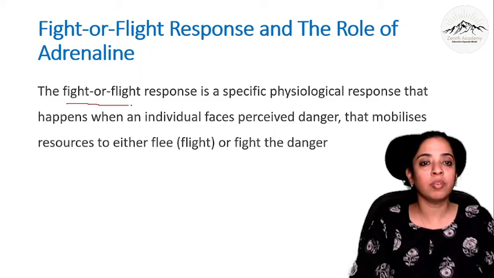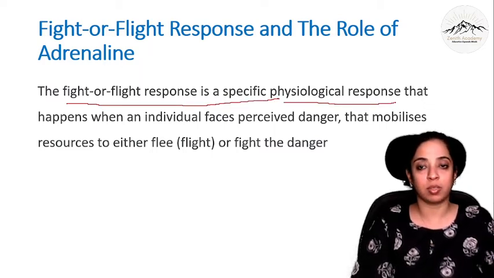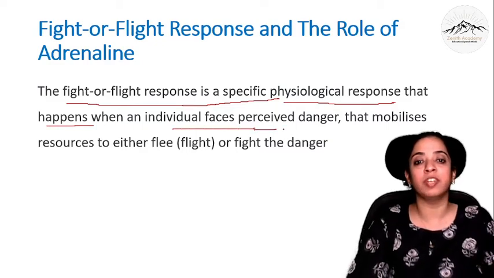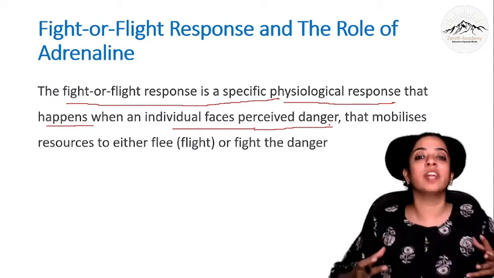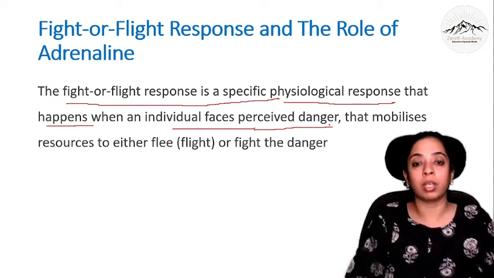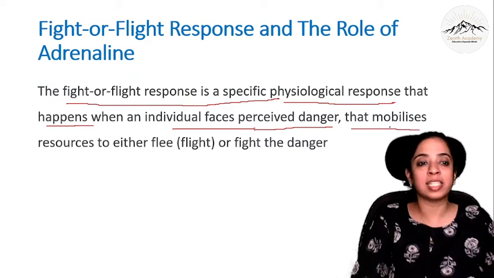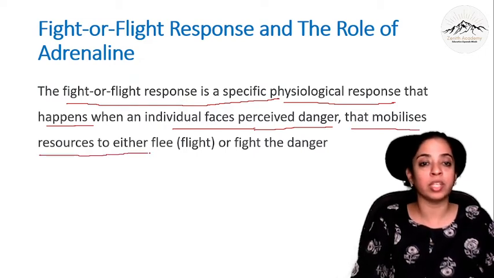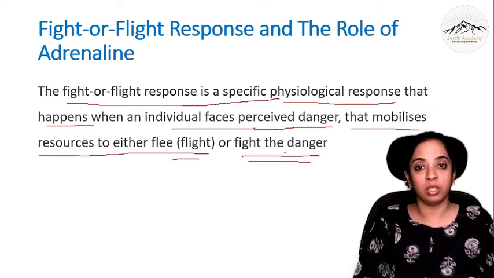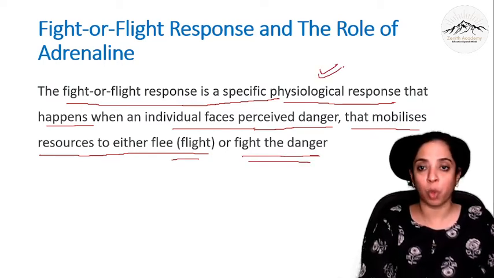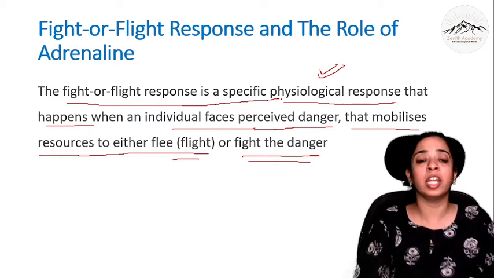The fight or flight response is a specific physiological response that happens when the individual faces perceived danger. So whenever we face a danger, there is a physiological response of our body. This mobilizes resources to either flee, that is flight, or fight the danger.